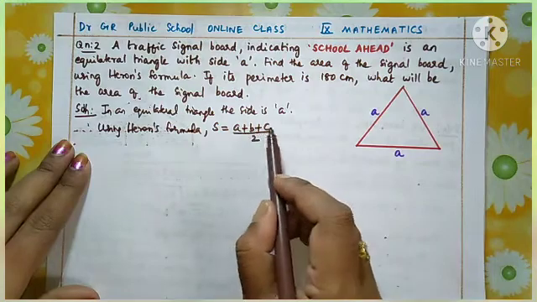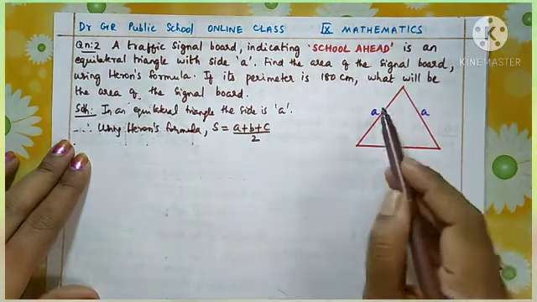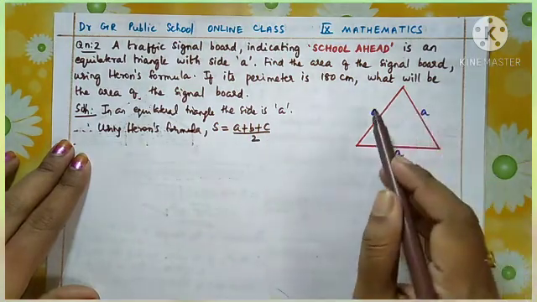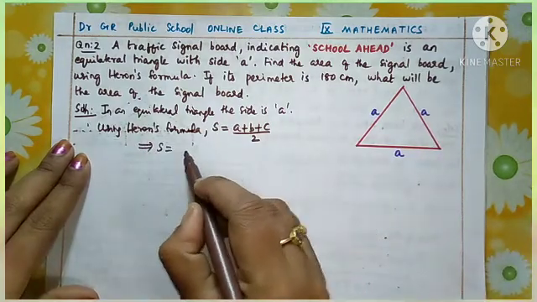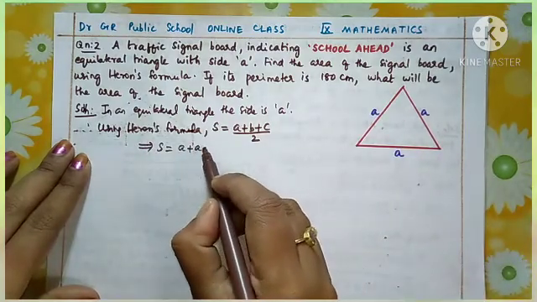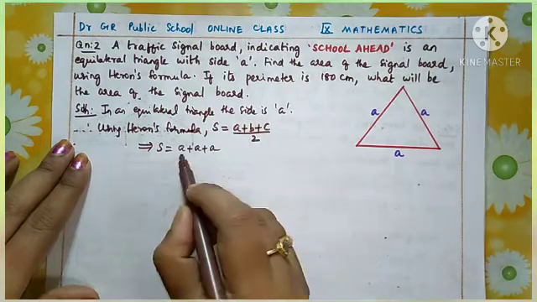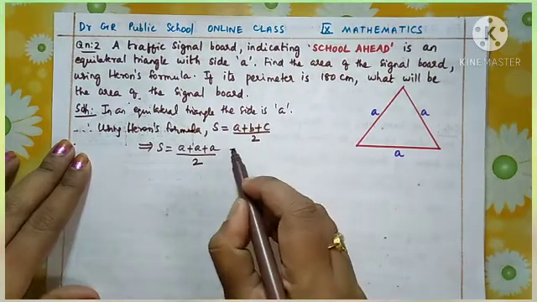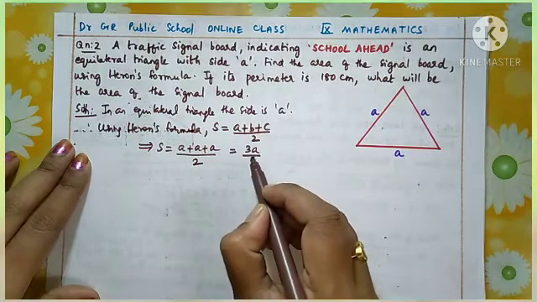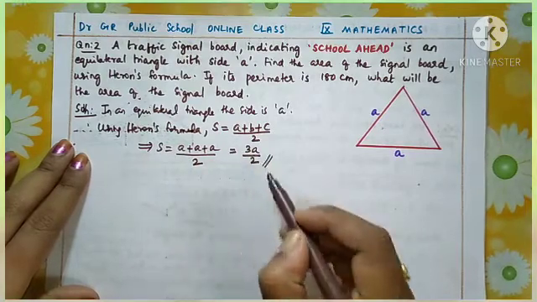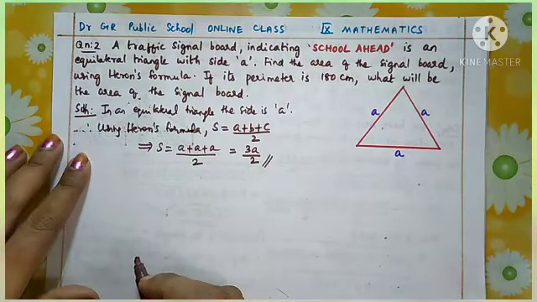A, B, C are the three sides, and here all the three sides are given as A. So S is equal to A plus A plus A divided by 2, that is 3A by 2. Thus we got the value of S is 3A by 2.